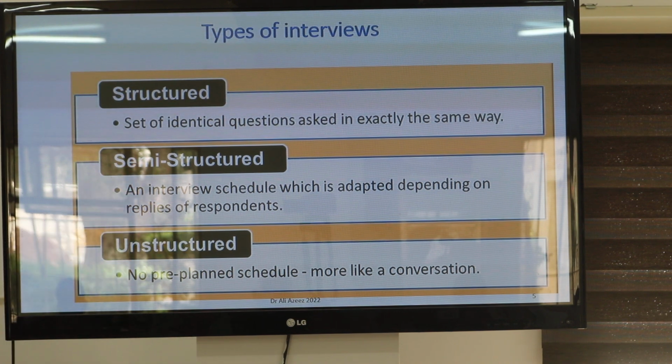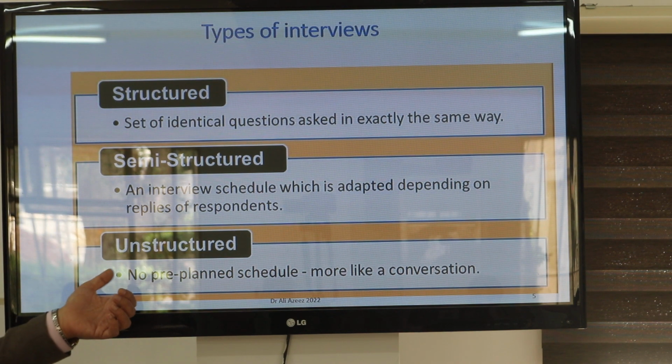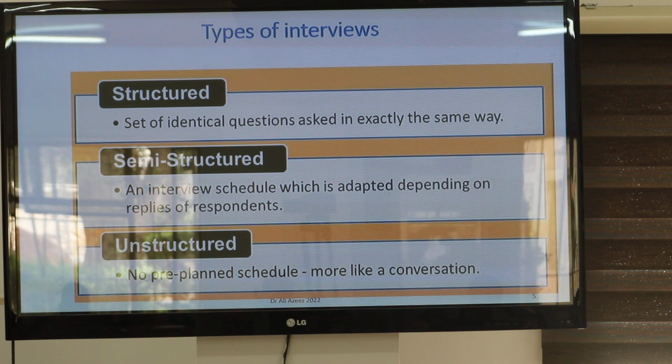We usually prefer semi-structured because the interviewer will have flexibility to ask follow-up questions. In case you answer, yes, I like this one, I say, why do you like it? I need more details. Unstructured is when the interviewer comes without any question. They can tell you, you are the interviewee, I'm the interviewer. I will tell you, Zaid, talk about your roles in the Iraqi pharmacy syndicate.